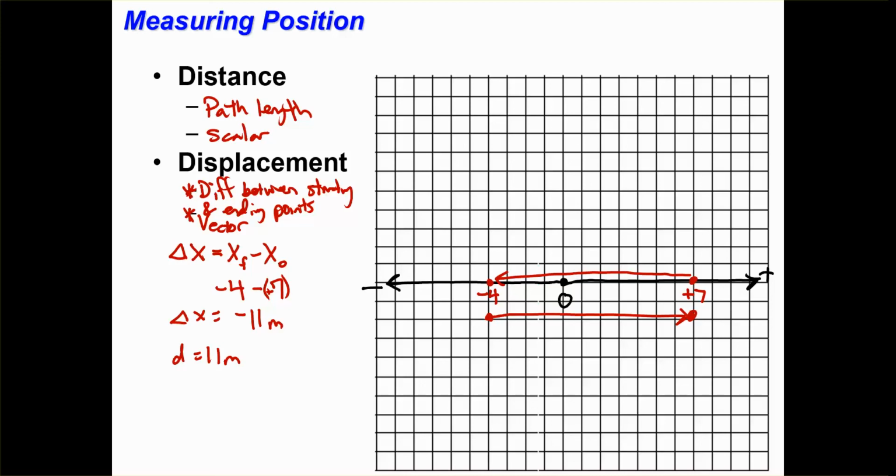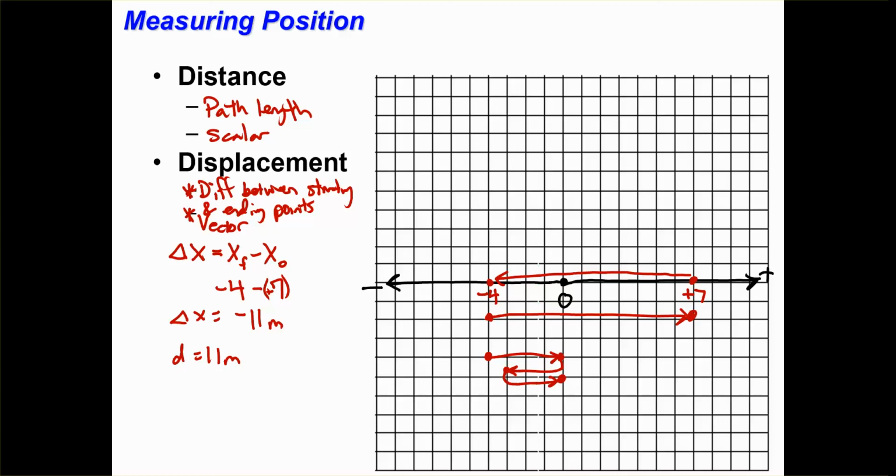Yet another example would be the object that starts at -4, travels to 0, turns around, goes back to -3, turns around again, and goes back to 0. What would be the displacement?